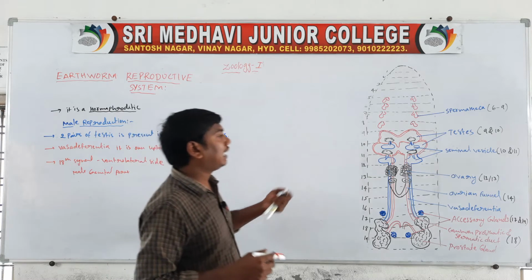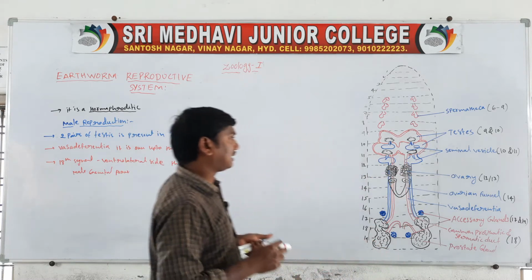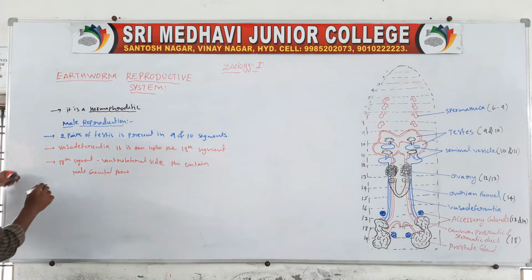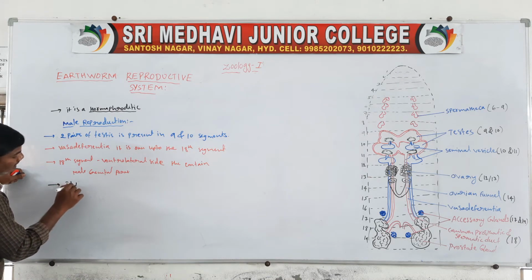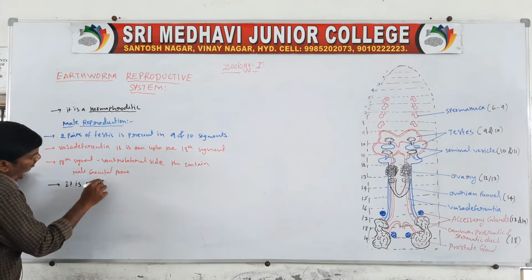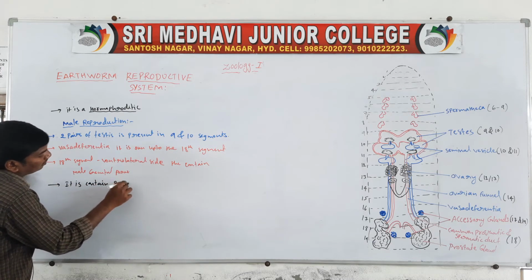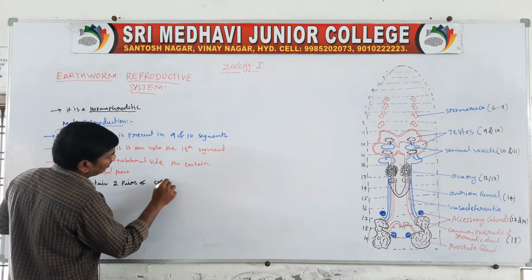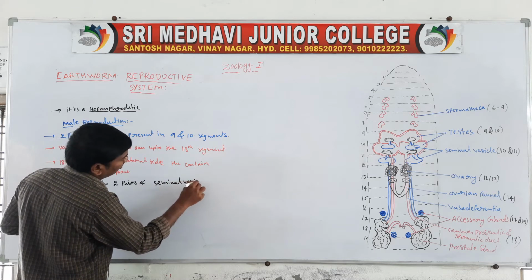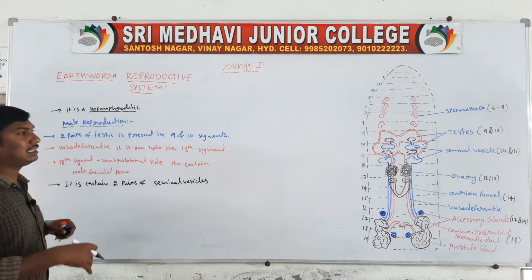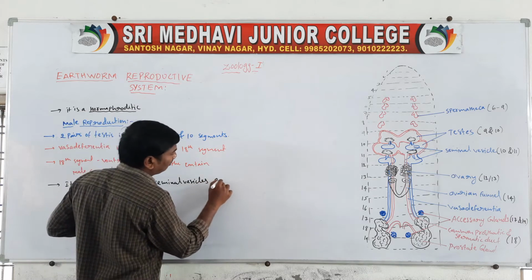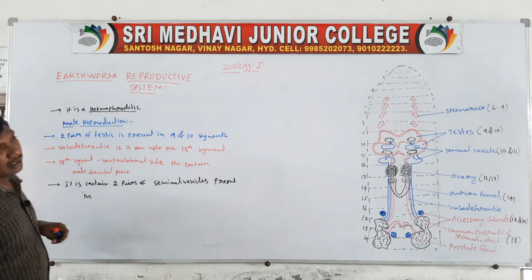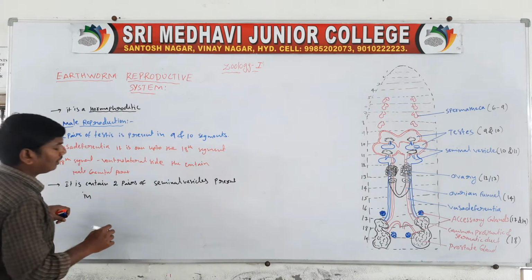Next, the seminal vesicles. The earthworm contains two pairs of seminal vesicles, present in the 10th and 11th segments.